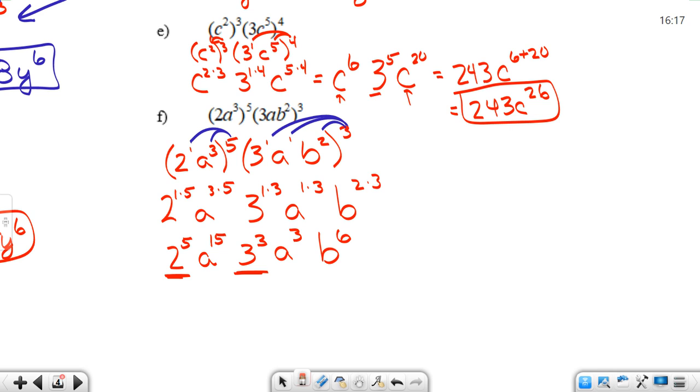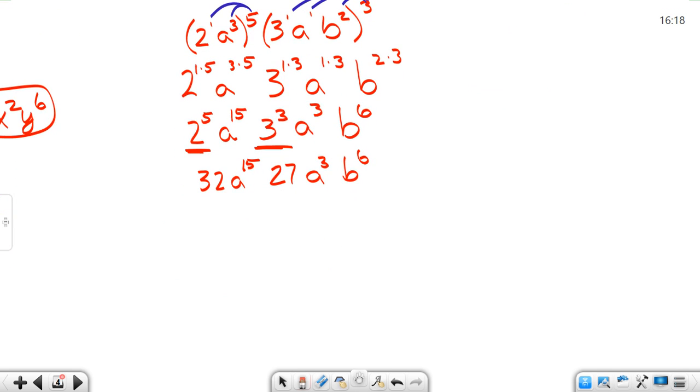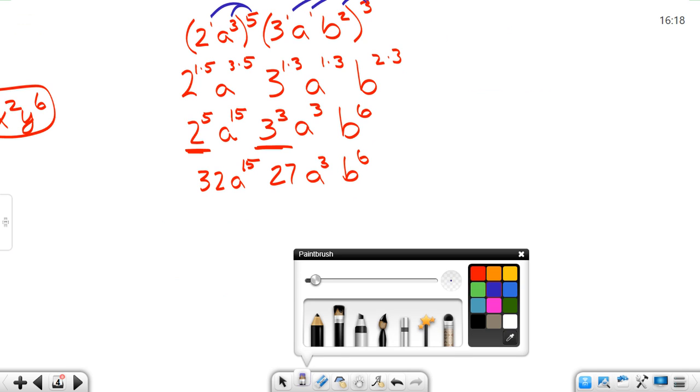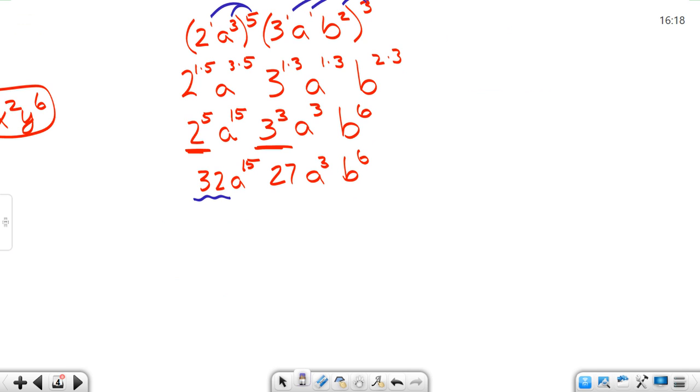Now, here, guys, I've got two coefficients raised to powers. So 2 to the 5th power is 32. 3 to the 3rd is 27. So what we're going to do now is we have actually two exponents and we have two bases of a.